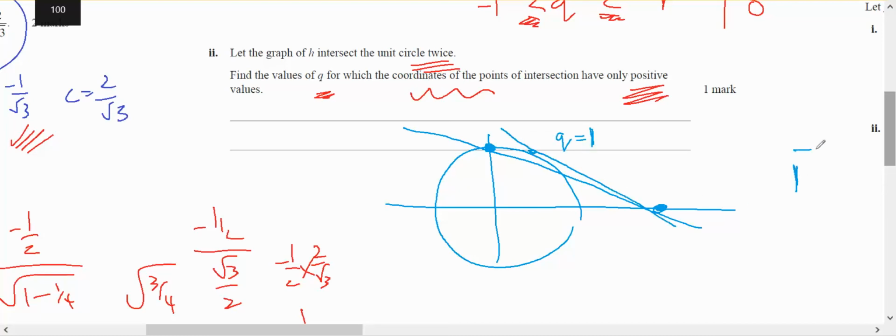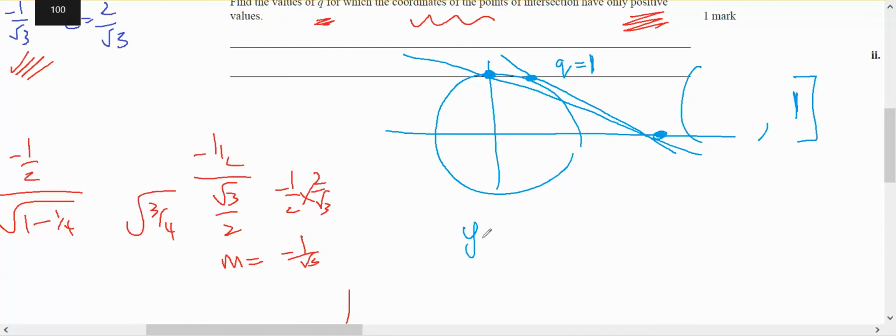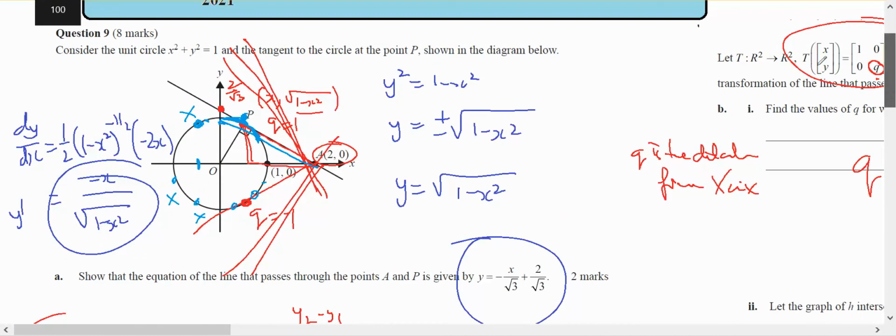So 1 is my upper limit. And I'll include it because at that point there are 2 positive points. To get this point down here, I won't include it, which means I want the y-intercept to equal 1, and I know currently the y-intercept equals 2 on root 3.